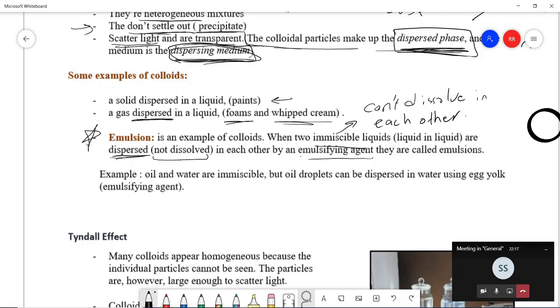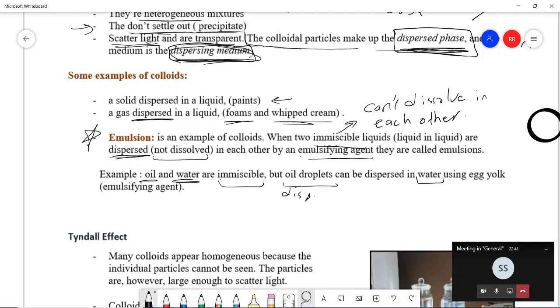We can mix them and make a new substance, for example, a mixture. Like what? Like oil and water. Oil and water normally don't dissolve in each other. They don't get mixed. But we can make oil droplets dispersed in water. So what are oil droplets?